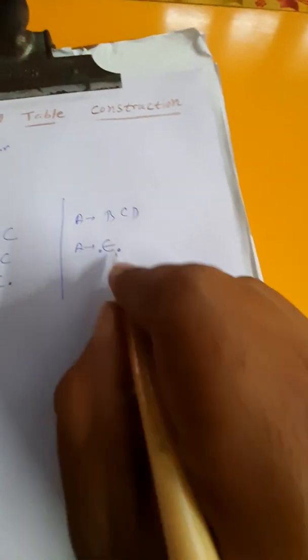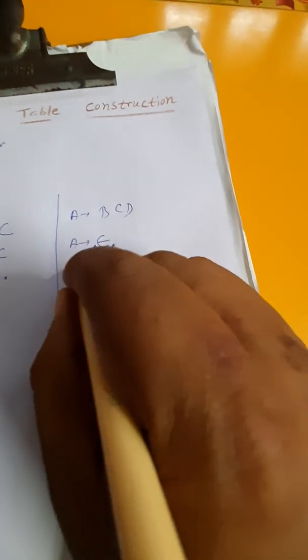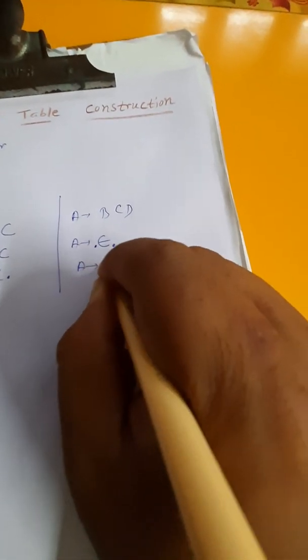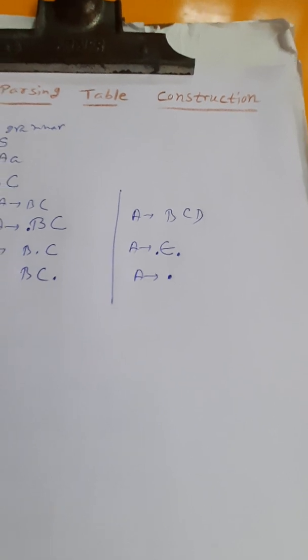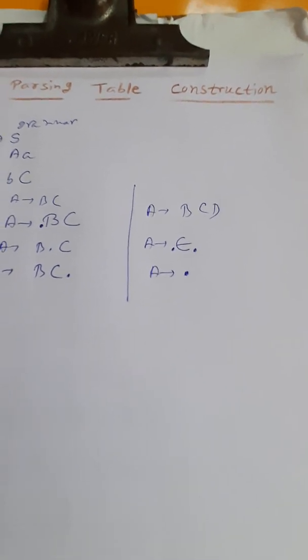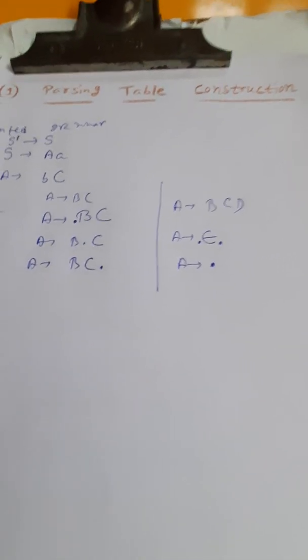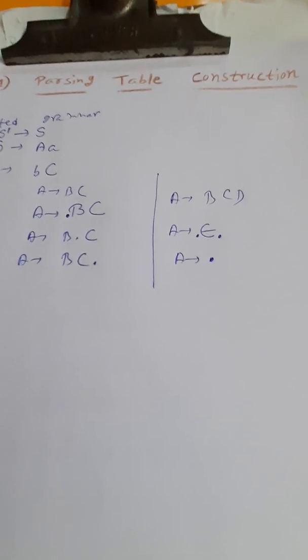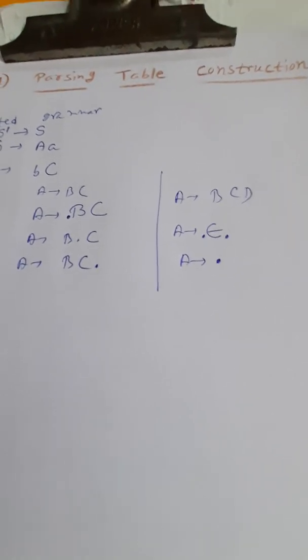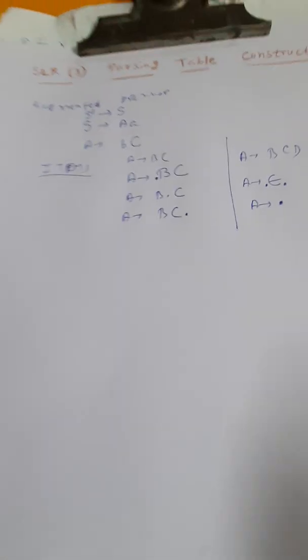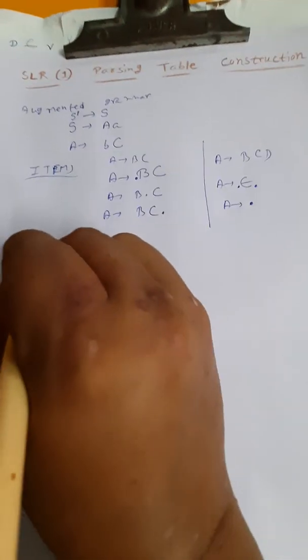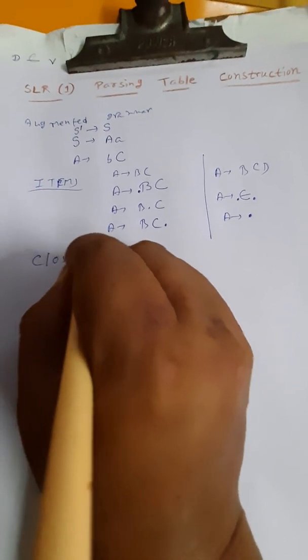In other words, if the rule is A produces epsilon, then only one item could be generated, that's A produces dot. So these are the items.